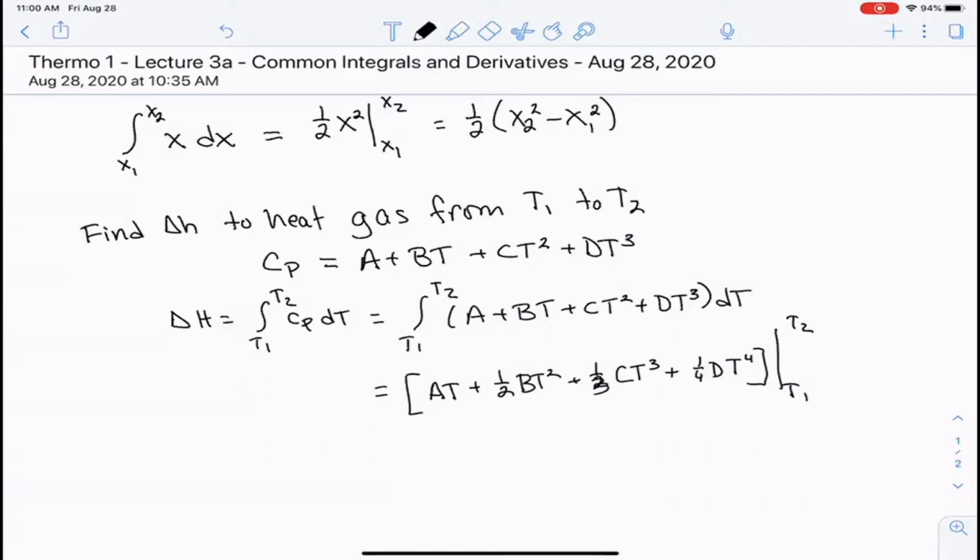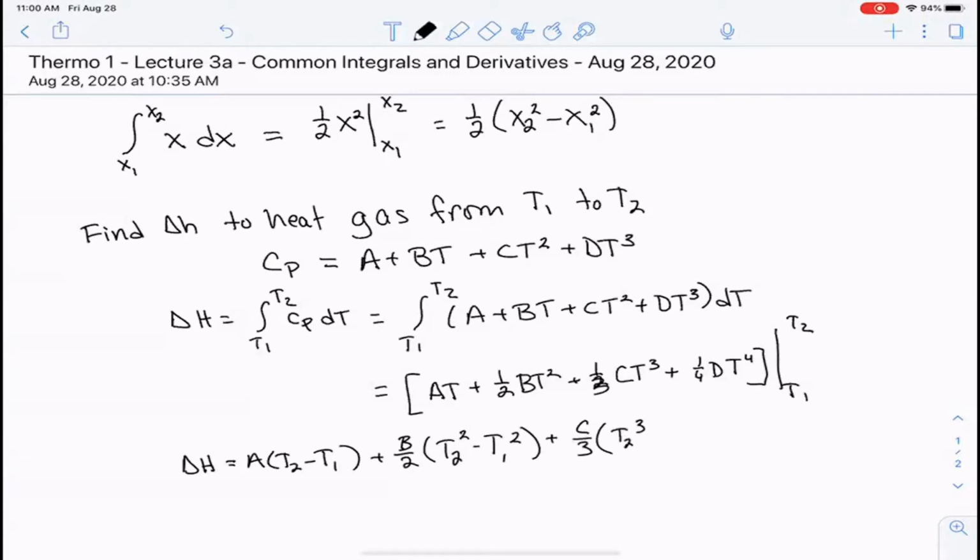So you would find then that delta H to heat a gas from T1 to T2 using that equation for the heat capacity is just A times T2 minus T1 plus B over 2 times T2 squared minus T1 squared plus C over 3 times T2 cubed minus T1 cubed plus D over 4 times T2 to the fourth minus T1 to the fourth.